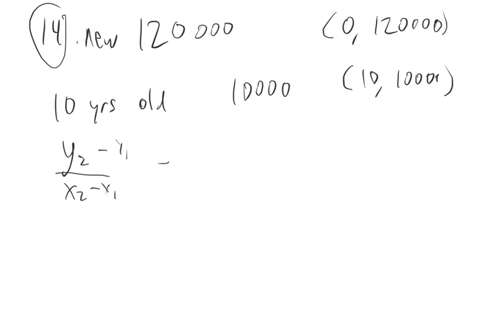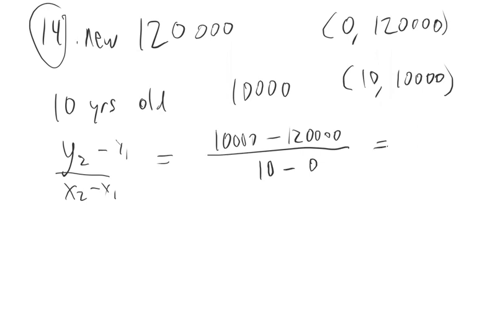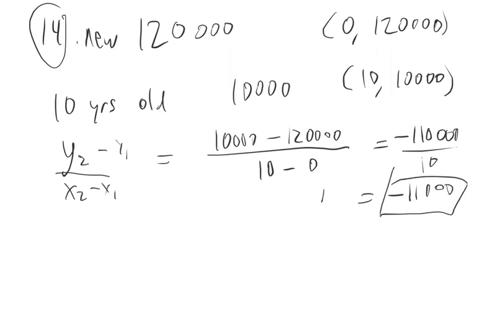So it's y2, which is $10,000, minus y1, which is $120,000, divided by x2, which is 10, minus x1, which is 0. So 10,000 minus 120,000 is negative 110,000. Divide by 10, and negative 110,000 divided by 10 is negative 11,000. So the slope m is equal to negative 11,000.